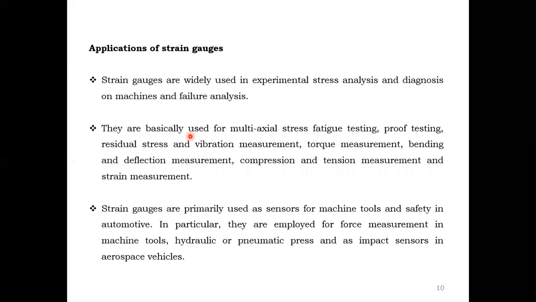Strain gauges are also primarily used as sensors for machine tools and safety in automotive. In particular, they are employed for force measurement in machine tools, hydraulic and pneumatic pressure, and as impact sensors in aerospace vehicles.